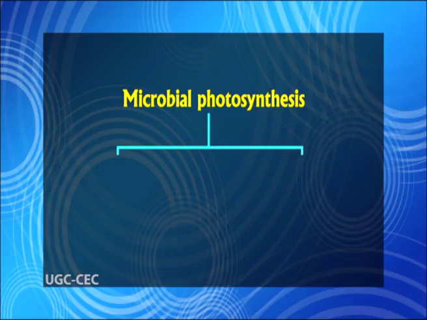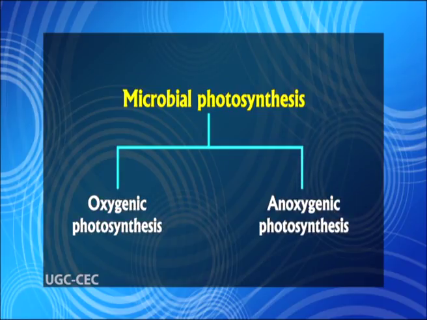The energy is stored in the chemical bonds of biomolecules. The same energy is then utilized in the conversion of carbon dioxide into glucose and some other sugars, although through a chain of reactions. Microbial photosynthesis is of 2 types: oxygenic photosynthesis and anoxygenic photosynthesis.